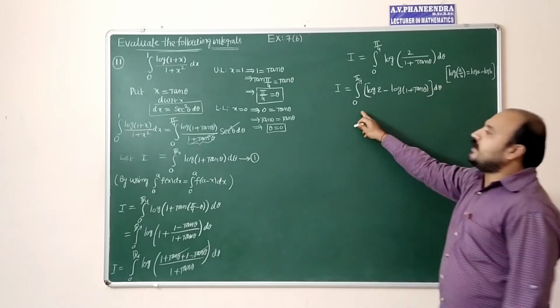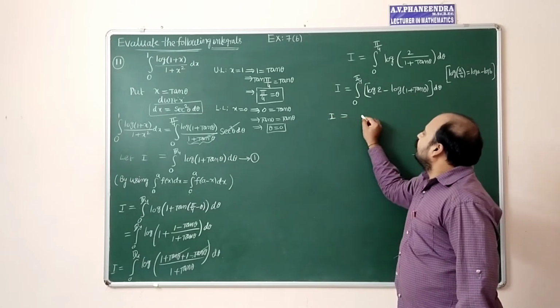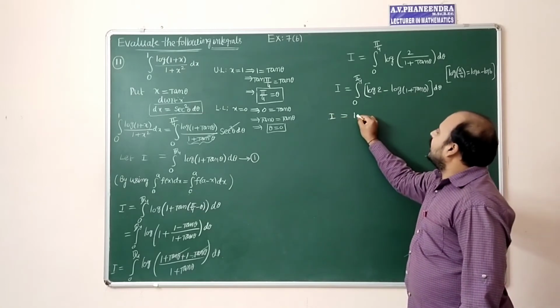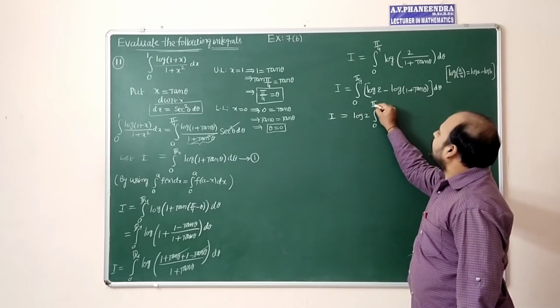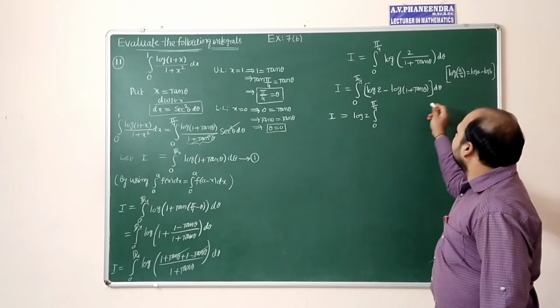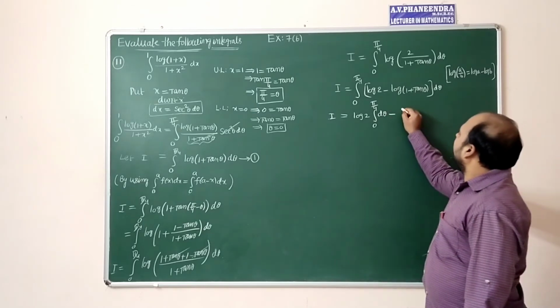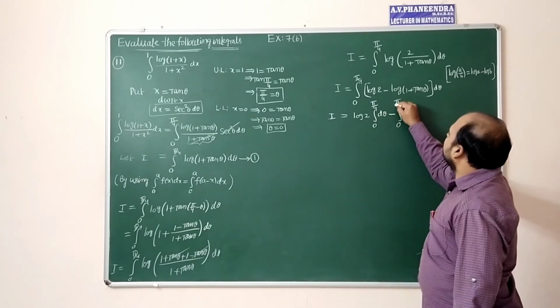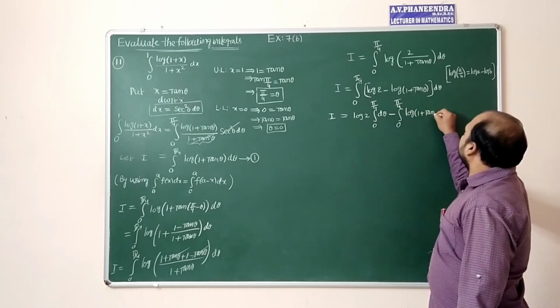Now apply the integral for both the terms. I equals log 2, a constant, which you can take outside the integral, and the rest of the integral becomes 0 to pi by 4 of d theta, minus integral 0 to pi by 4 of log of (1 plus tan theta) into d theta.